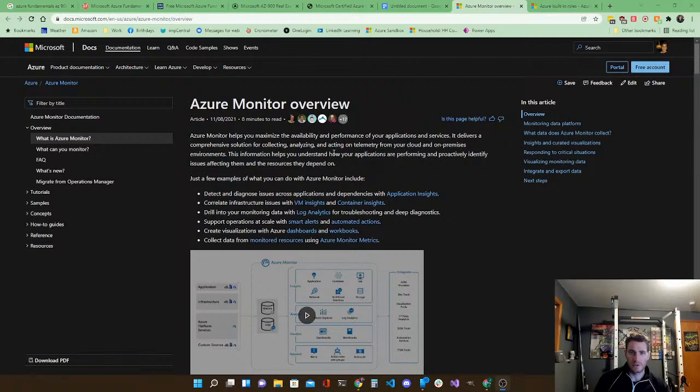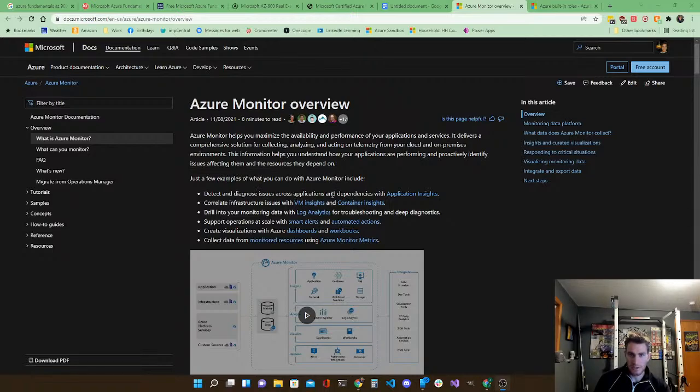So, the Azure Monitor overview delivers a comprehensive solution for collecting, analyzing, and acting on telemetry from your cloud and on-premises environments. So it's a number of different services.